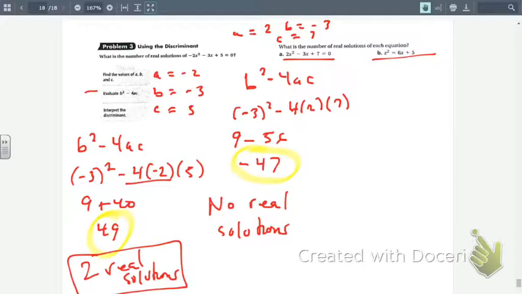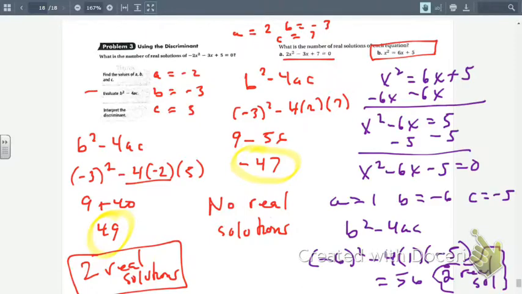Go ahead and hit pause right now. You want to get this in standard form first, and then see if you get the correct number of solutions. Alright, so you want to get this in standard form, so we had to subtract 6x from both sides to get this.